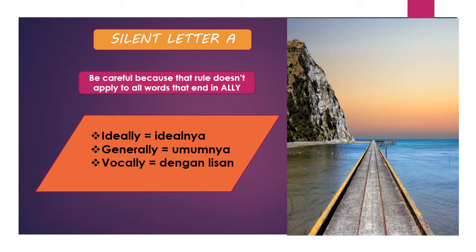Namun hati-hati karena aturan ini tidak berlaku pada semua kata yang berakhiran dengan A-double-L-Y. Sebagai contoh, kata-kata ini harus diucapkan A: ideally, generally, and vocally. Jadi aturan ini hanya berlaku pada kata-kata yang berakhiran I-C-A-double-L-Y seperti basically or specifically.